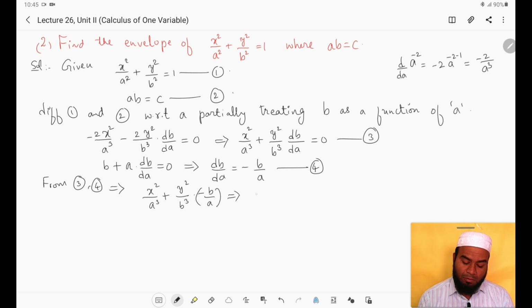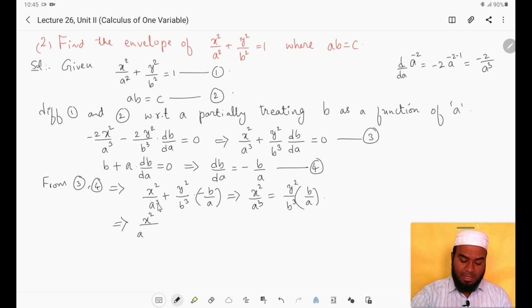Now this is equal to x square by a cube equals to minus, I can take this minus to the right hand side. Then what will happen? y square by b cube into b by a, right? Now you take this b this side, then what will happen? x square by a cube, sorry, this is supposed to be a cube, right?